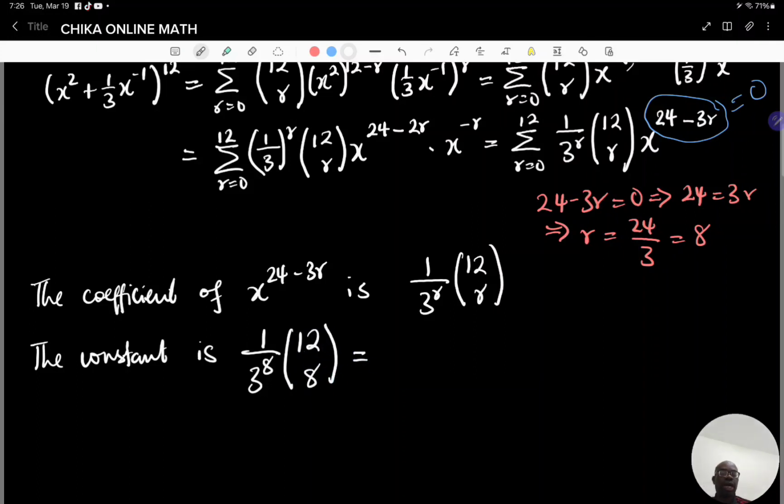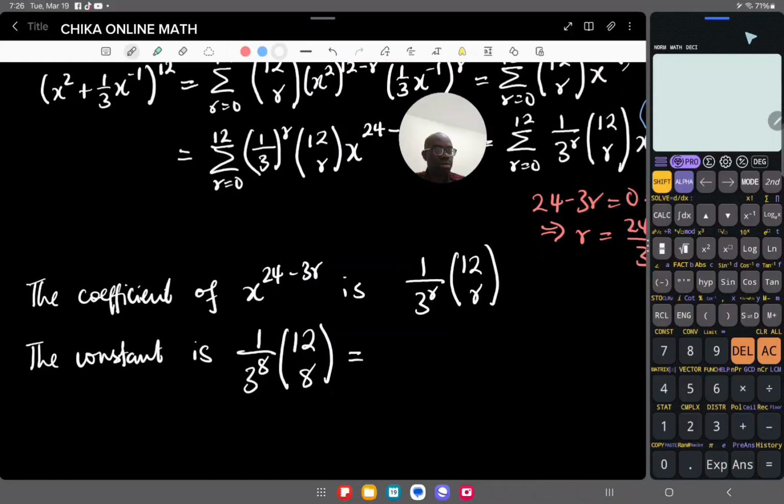So we'll use our calculator to evaluate 12 combination 8. So 12 combination 8 is 495, okay. So we have 1 over 3 raised to power 8. Now let's write 12 combination 8 first, the value. So this is 495, okay. Now what is 3 raised to power 8?